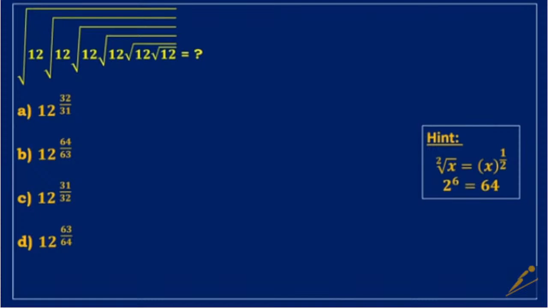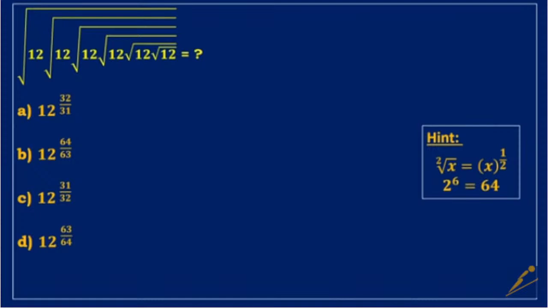We know that the exponent form of the square root of x is x power 1 by 2. Here, denominator 2 denotes the square root. Numerator 1 represents the denominator value minus 1. It is noted from the question that there are 6 square roots.